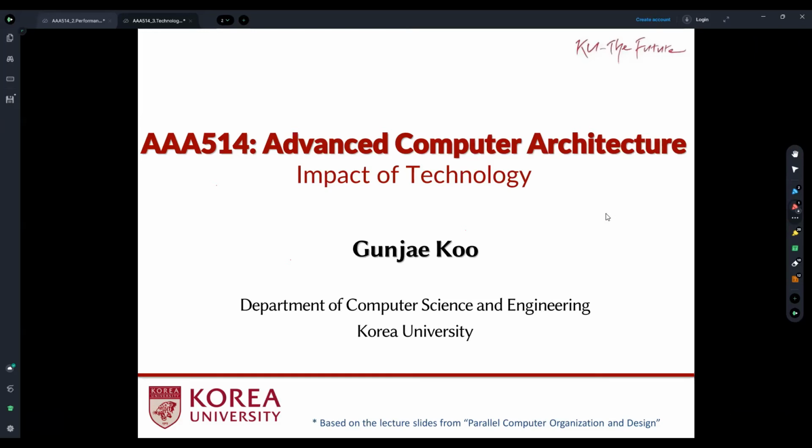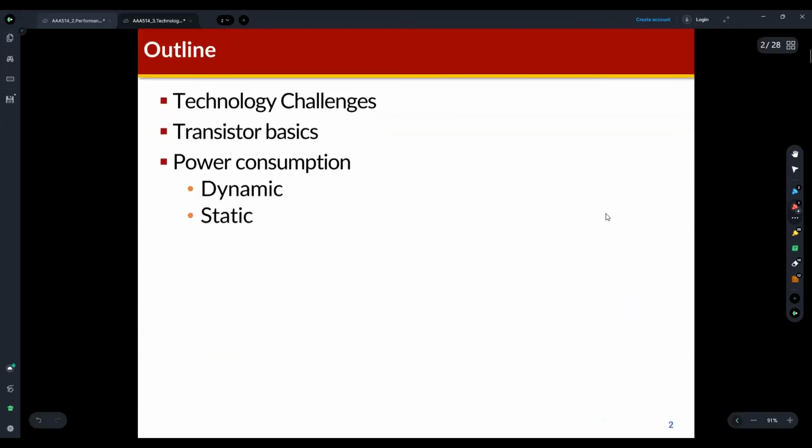Now I will talk about the impact of technology on processor architecture and development. CPUs and GPUs, the processors, are built on a chip, which means the processor is the product of semiconductor technology.